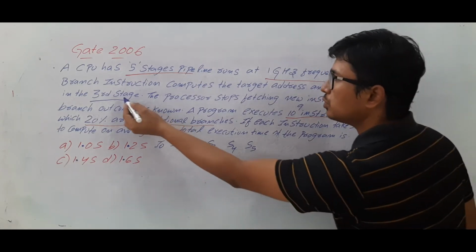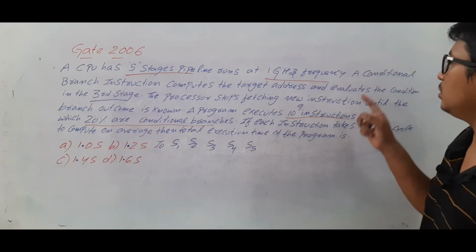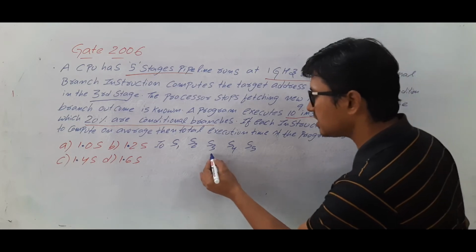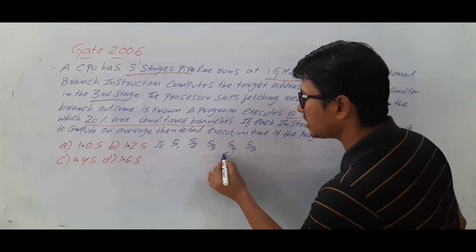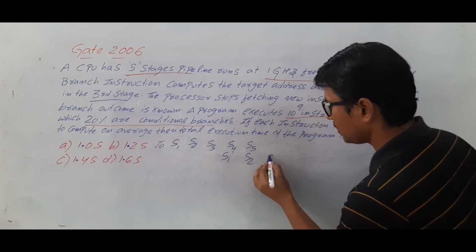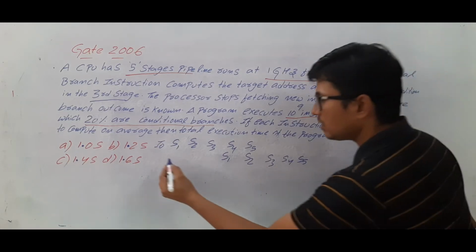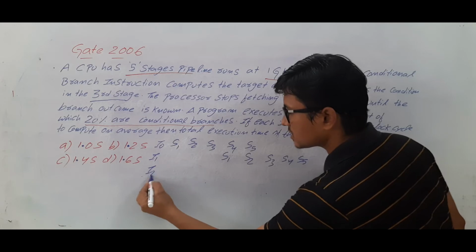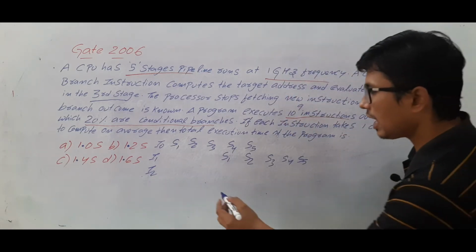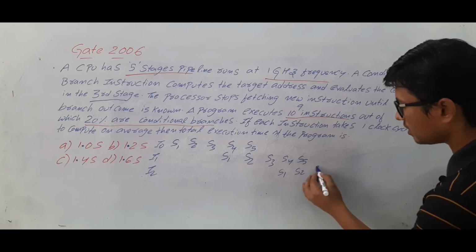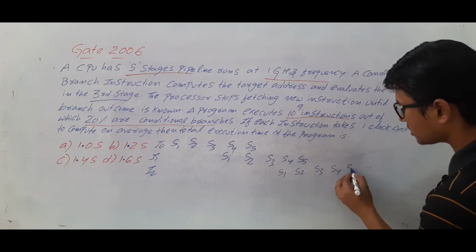I will come to know after stage 3, because during stage 3 only it is calculating the target address. So after stage 3 only I will fetch the next instruction. Are you able to understand? Let's take that this is also a branch instruction. Then again it will fetch the next instruction after stage 3.